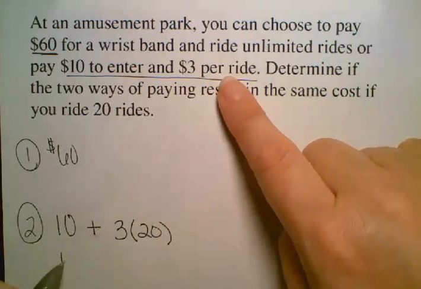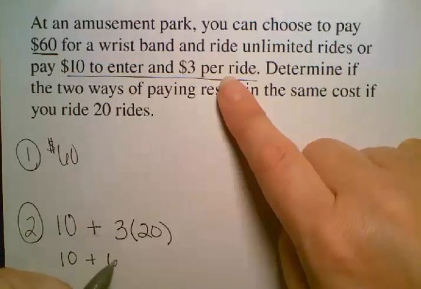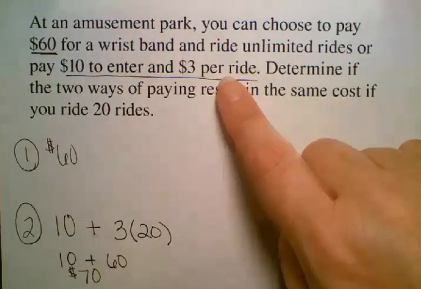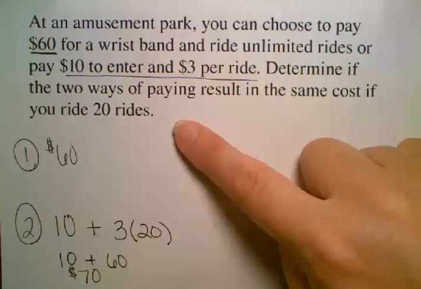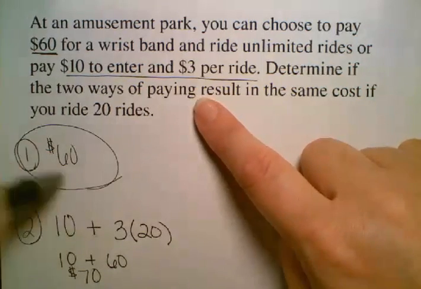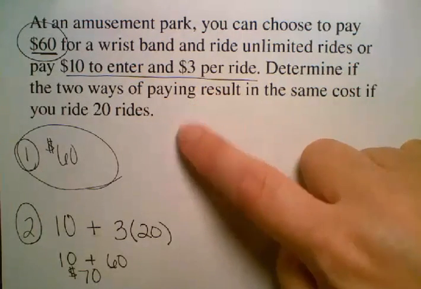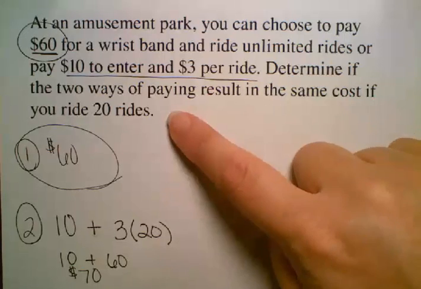In the second scenario, we have to multiply first. We've got 60. In this case, you're going to be paying $70 to ride 20 rides. So which option do you want? You want to take the wristband. You're going to buy that wristband and you're going to save money if you're going to ride 20 rides.